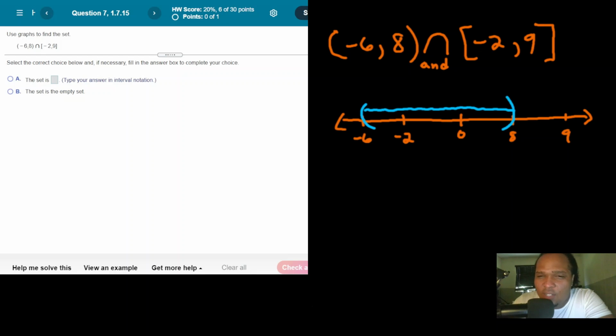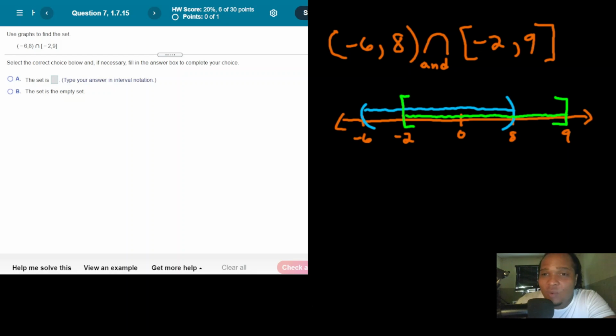We'll choose a different color, this lime green here. Now we're going to start off at -2 with an open bracket, same direction as this one, and shade all the way until we reach 9. You see I'm going over that other parentheses, and we use the same symbol, a bracket.